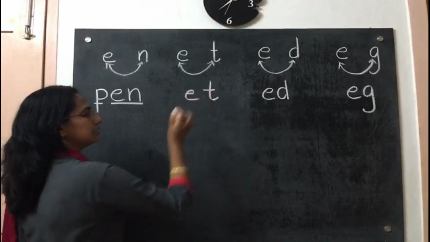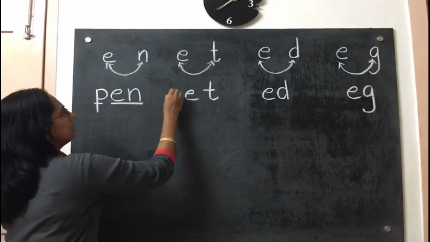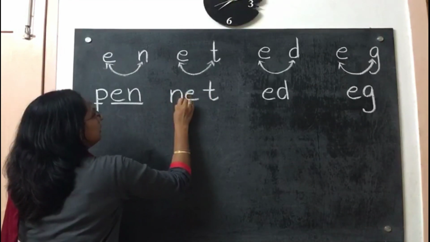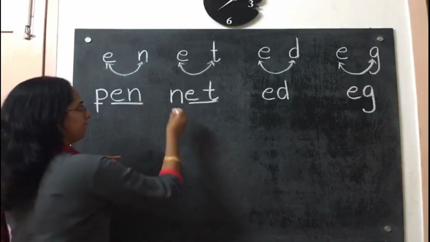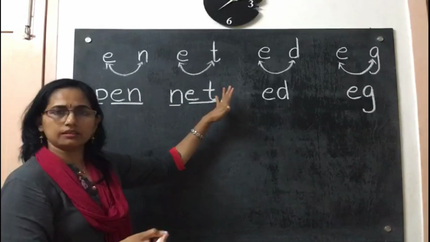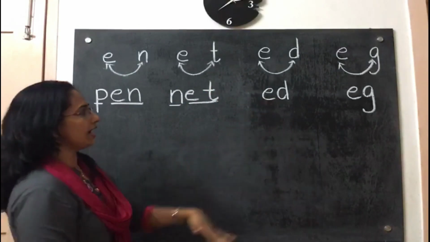Now, T. Let me add N. N separately, et together. Net. Right?